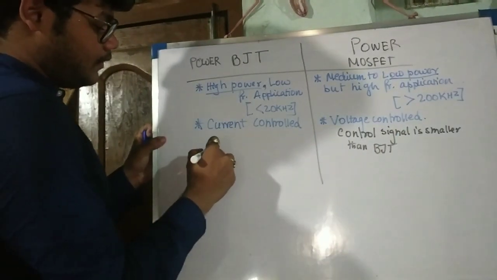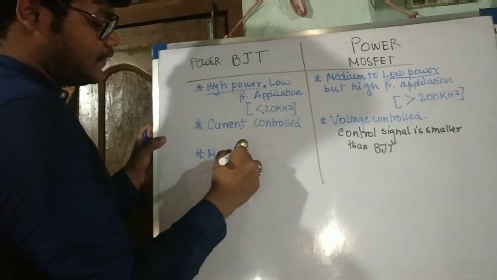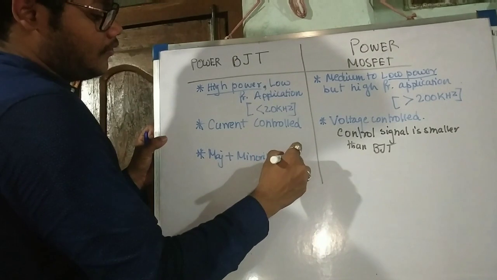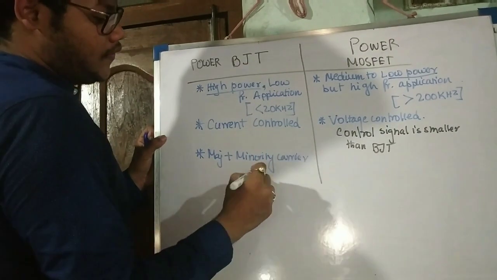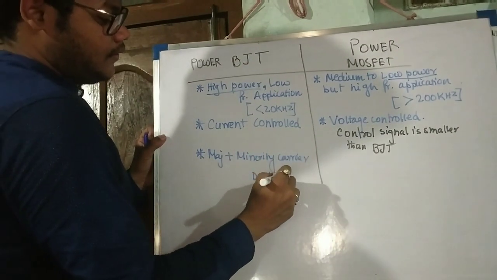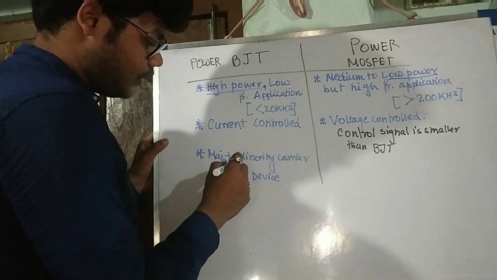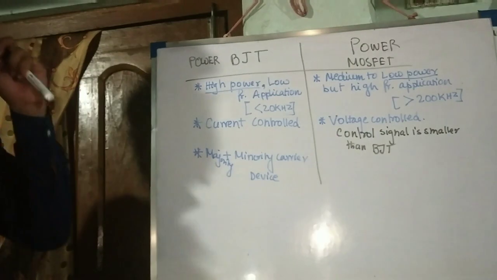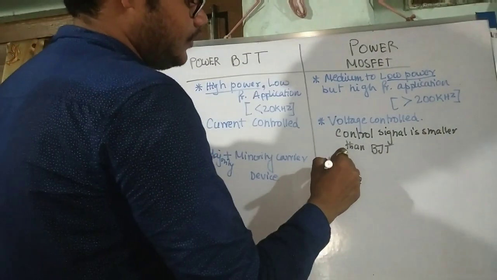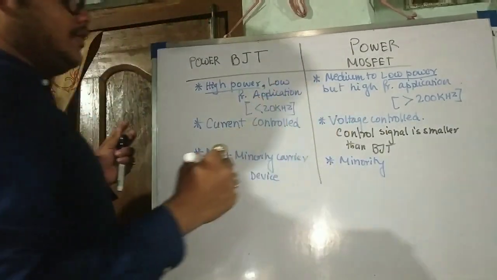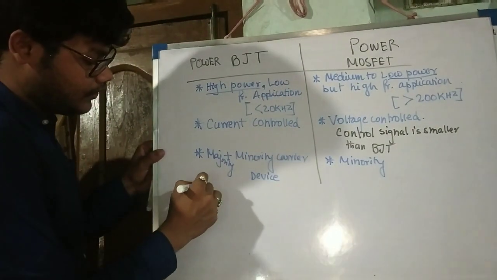Next, what are the again major differences? This is a majority plus minority carrier device. Let me write it full. Power BJT is a majority and minority carrier device, but power MOSFET is only a majority carrier device.